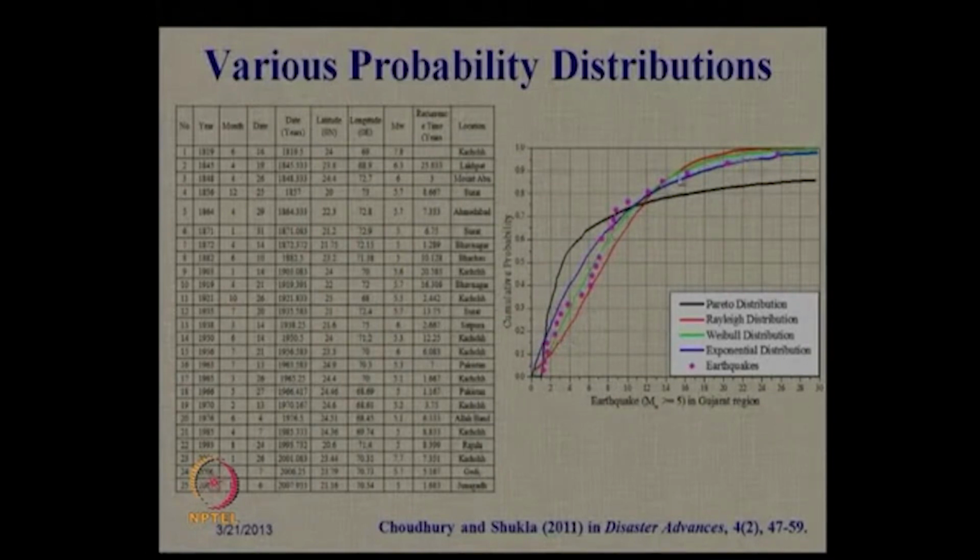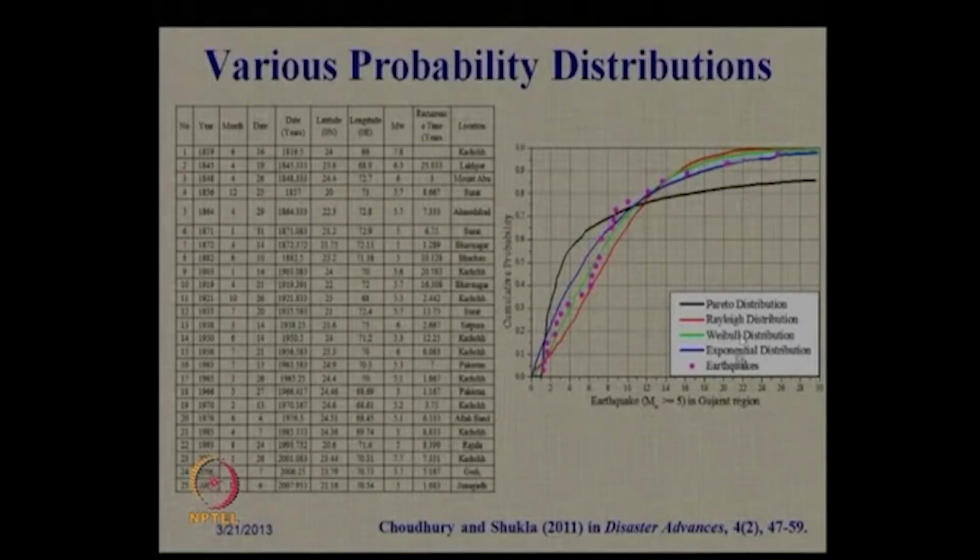These are the earthquake data points, as I have already mentioned, and 4 seismicity model parameters. Now, among them, which one is the closest one? If we see the Weibull model, that is the green color curve, it is the best average going through the actual dots of earthquake occurrence, right. So, the Weibull model is one of the best models.